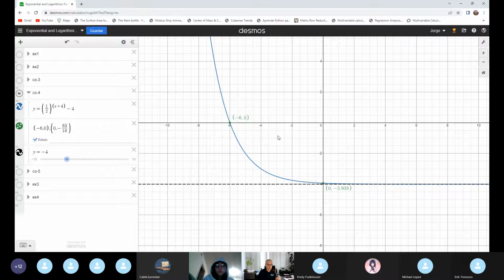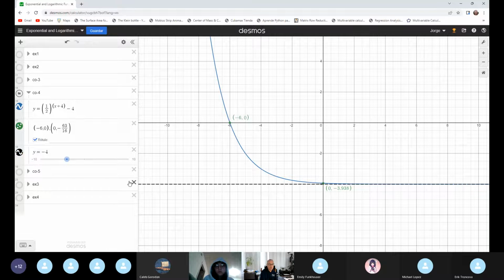Of course, we have two transformations. The transformation is 4 units, so horizontal shift 4 units to the left, and by coincidence, vertical shift 4 units down. Therefore, again, one more time, the horizontal asymptote now is at -4. Look.